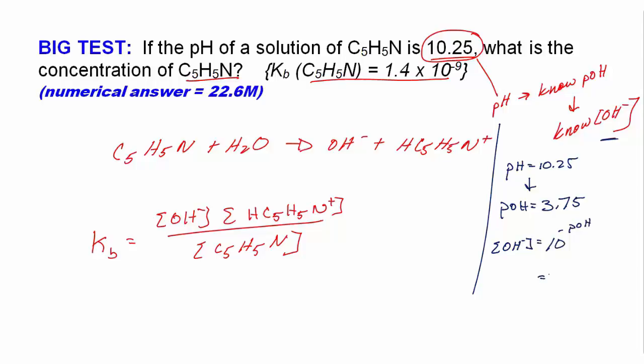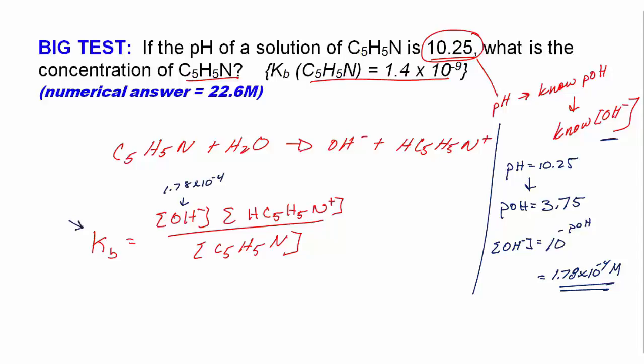So that's going to be 3.75, make it negative, raise 10 to that power, about 1.78 times 10 to the negative 4 molar. There's my hydroxide concentration.